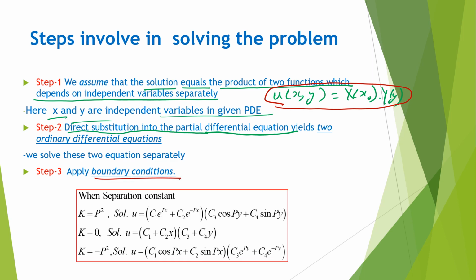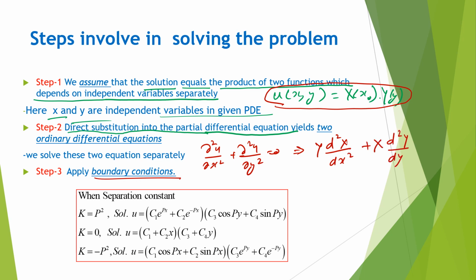When we solve it, applying the boundary condition and when the partial derivative is separated, because this is the del square u by del x square plus del square u by del y square is equal to 0. When we substitute the value, we get y d square x by dx square plus x d square y by dy square is equal to 0.